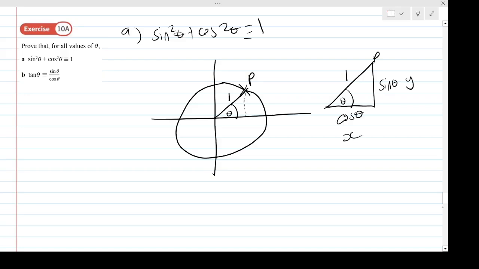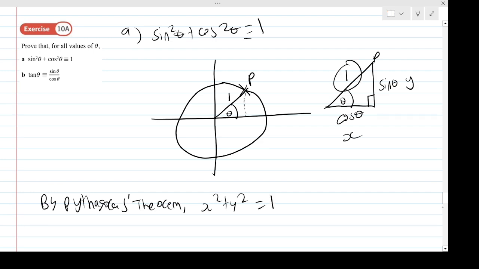Now, we know that by Pythagoras' theorem, the opposite and adjacent squared, so x squared and y squared, would then equal the hypotenuse squared, which is 1 squared, which is 1.